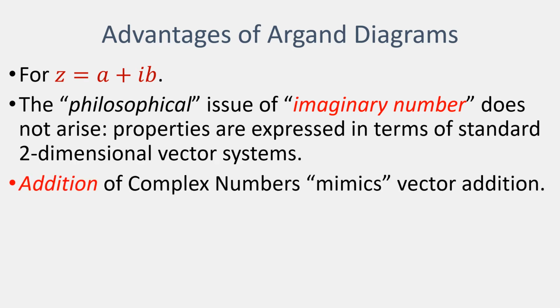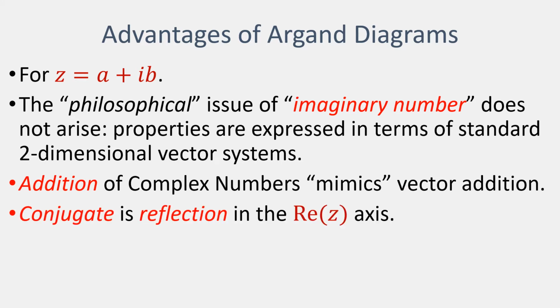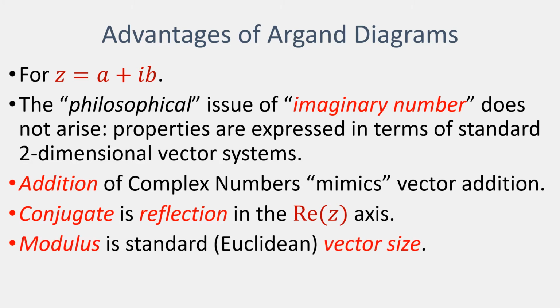The addition of any two complex numbers is just mimicking the process of vector addition. Our notion for conjugate, we now have a geometrical interpretation of it. That is just the process of reflecting the corresponding vector in the real axis, the horizontal axis. This notion of modulus, this notion of size, is just our standard notion of vector size.